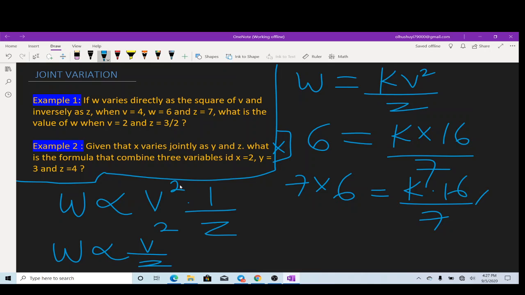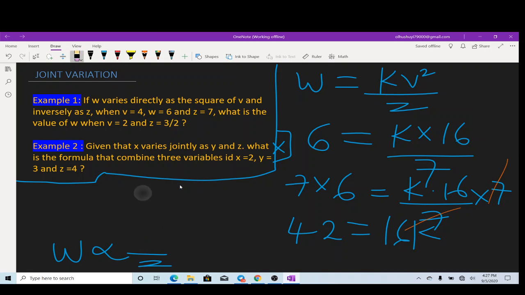If I multiply both sides by 7, the denominator crosses out. So I have 7 times 6, which is 42, equal to 16K. You see that?